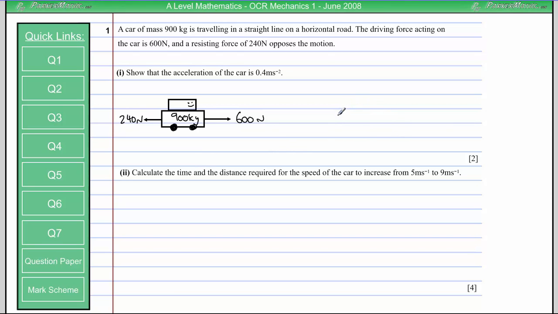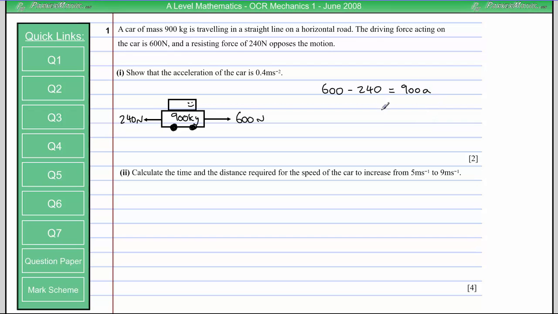So let's write down a force equation. On the left hand side we're going to have net force. So let's take right to be positive, and we have 600 newtons to the right minus 240 newtons in the opposite direction equals mass times acceleration. So 900 is the mass multiplied by the acceleration a.